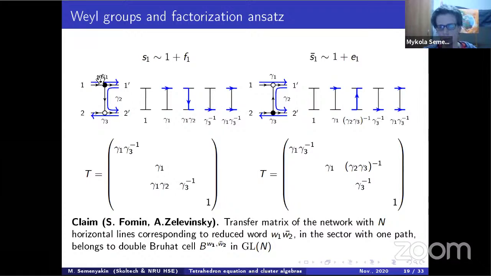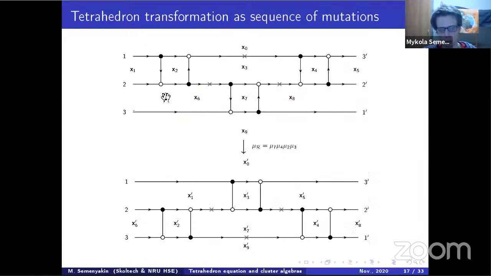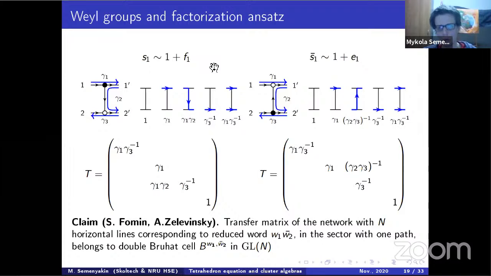In fact, we can construct any network of this kind by picking this kind of block or that kind of block, and composing them in various different ways. We can draw here, or we could put something here or everywhere else. It is convenient to encode these blocks by putting them into correspondence with generators of the double Weyl group. So S1 or S2 or S3 and so on are generators of the Weyl group.